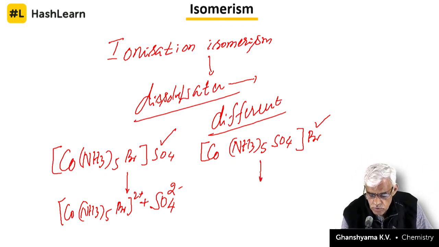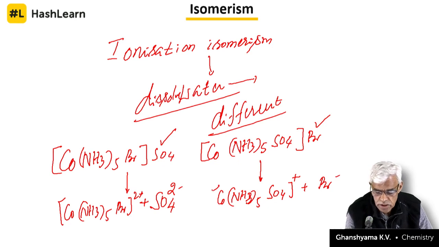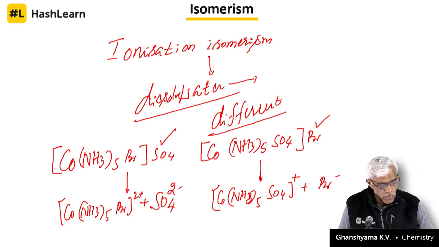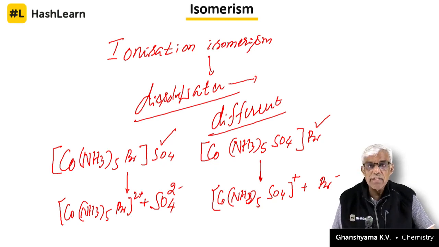You dissolve this in water, you get the complex ion [Co(NH3)5SO4]+ and Br minus. How do you confirm that Br minus is obtained as the counter ion?